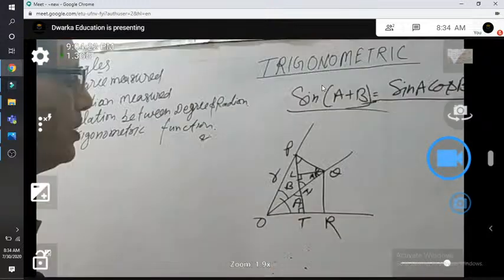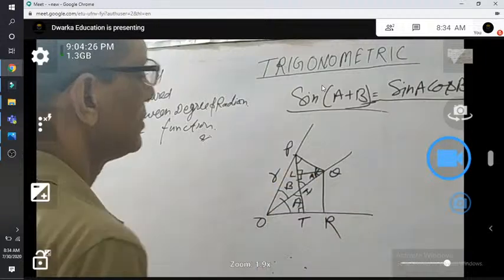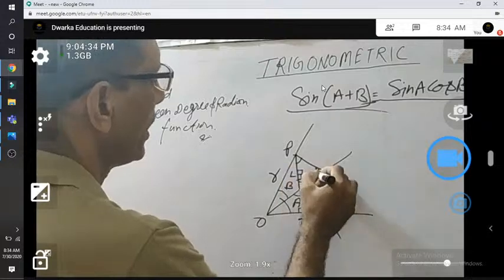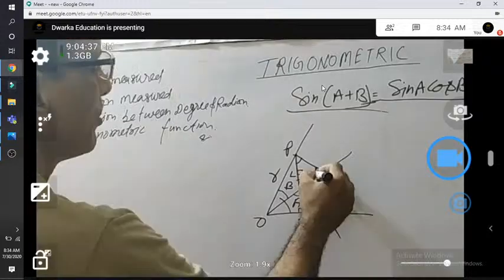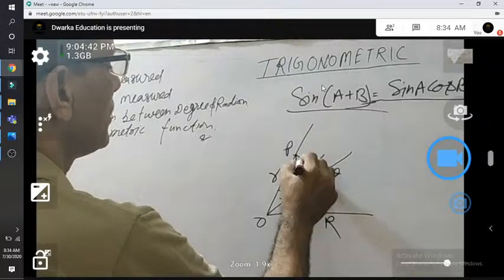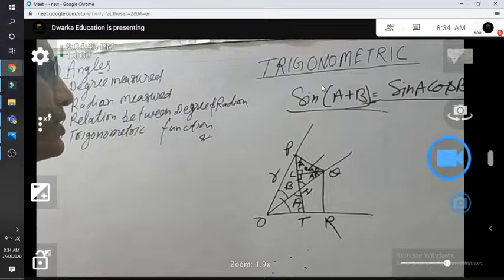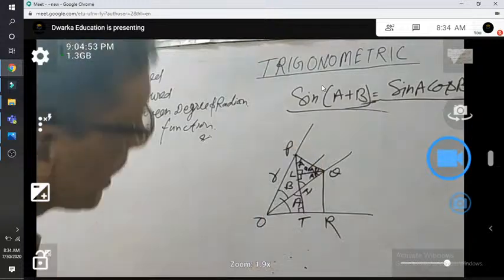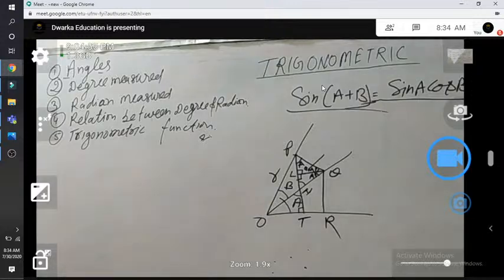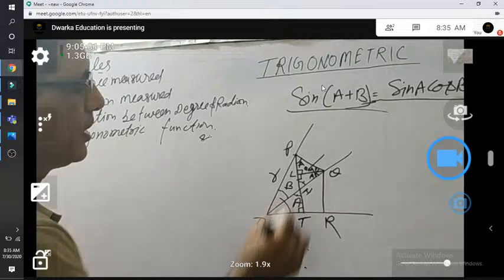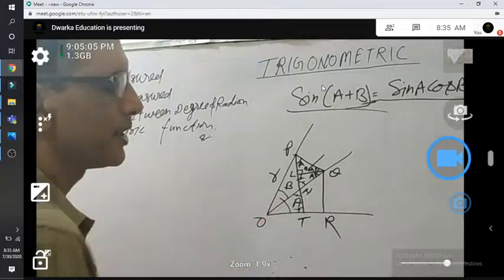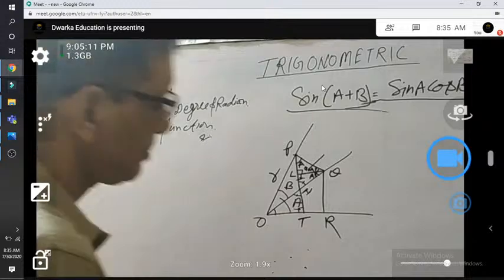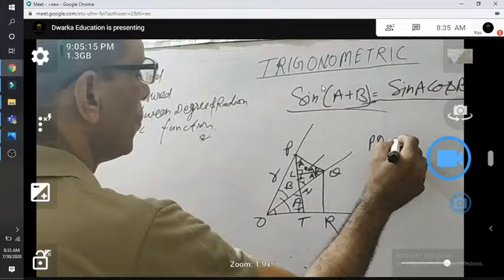So this is equal to 90 degree and this angle is equal to 90 minus A. This angle was 90 minus A and this angle became A. First of all, we find the angle LPQ is equal to A. I tell again why this angle is equal to A. In this triangle, this angle is equal to this angle, corresponding angle, and this angle is equal to this angle, 90 degree, and this angle is equal to this angle, the third angle of the triangle. Now PQN is equal to 90 degree.